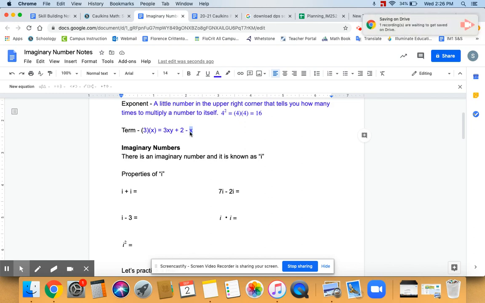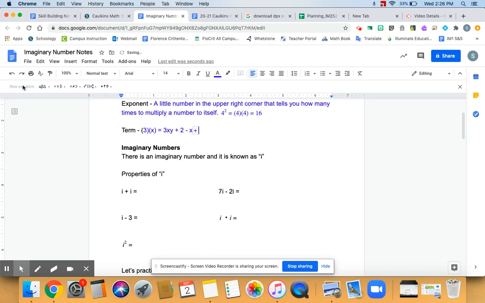We call terms their names based on their letters. So this one would be called an xy term. There's 3 xy's right here, but it's called an xy term. This plus 2 has no letters, so it's called a just number term. This term is an x term. There are many other types of terms. There's thousands.